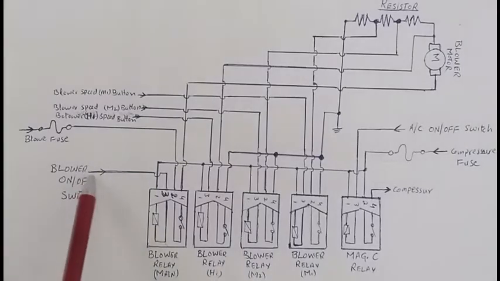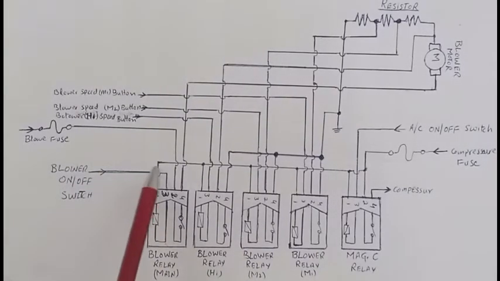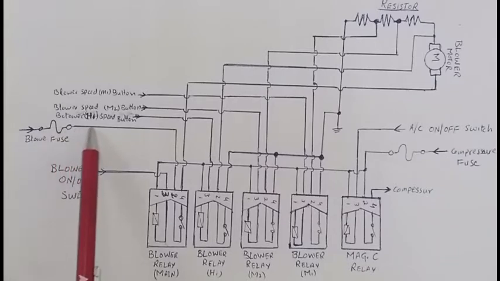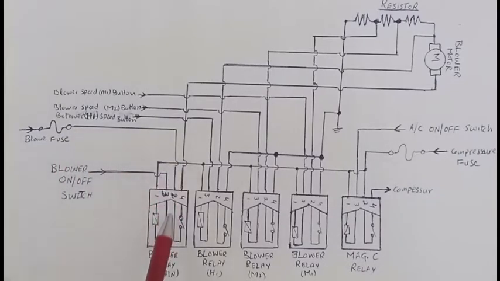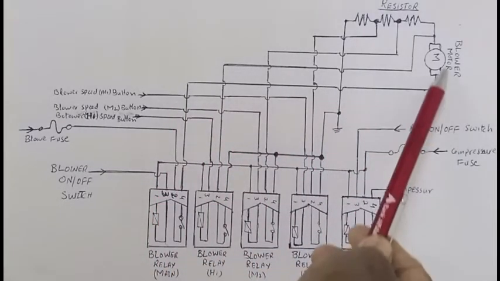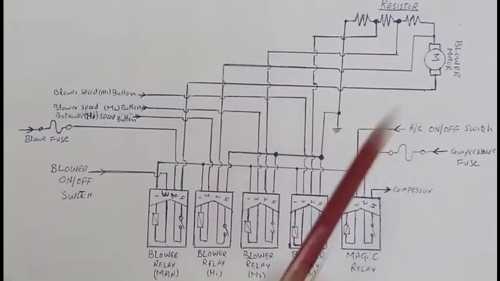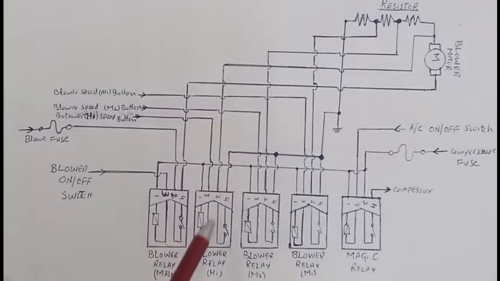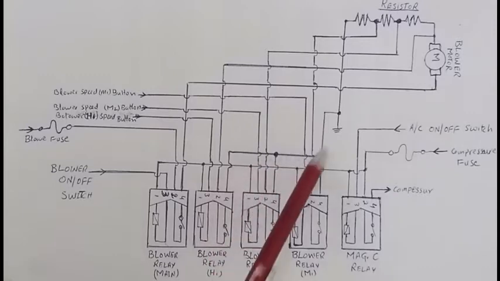When we switch on the blower, this relay becomes energized. When this relay is energized, power flows through this fuse to this, and because this relay is energized, this contact closes. So current flows through here to this side, and this motor, when power is coming here, but this circuit is open, so the circuit is not complete.